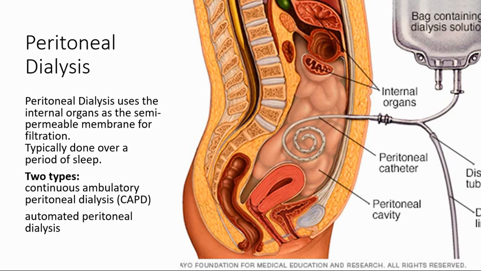It will sit there for a prescribed period of time, using the intestines and the other walls, the mesenteric lining of the peritoneum, as the semi-permeable membrane, and the fluid shift will occur naturally.